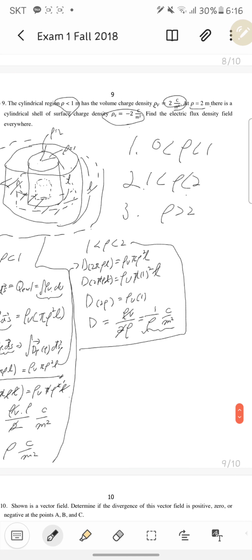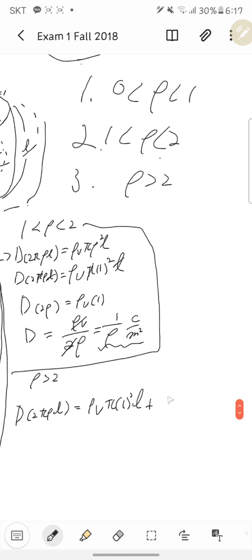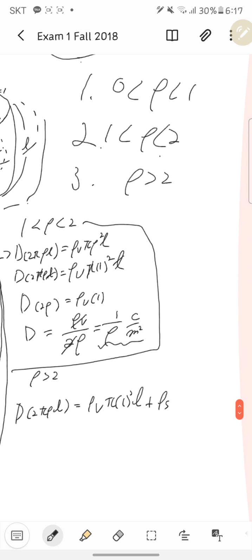So in this case, we have to include this one as well, plus the surface charge density and the area of it.